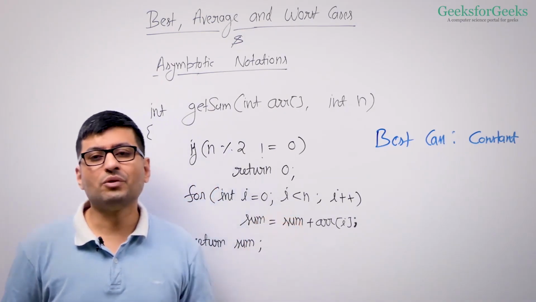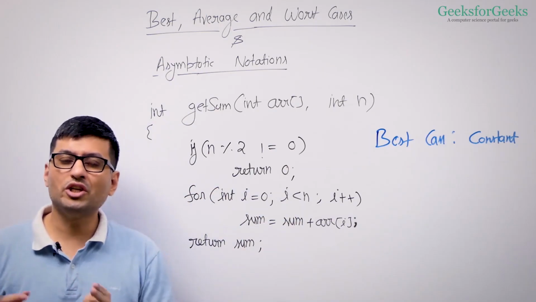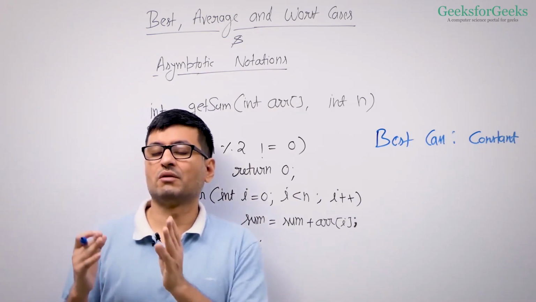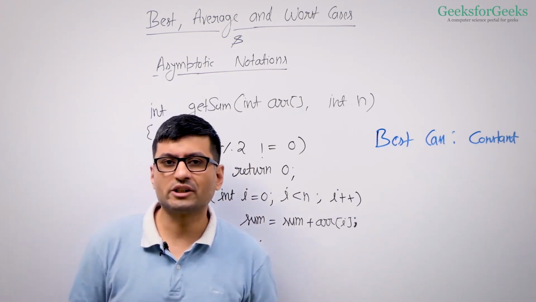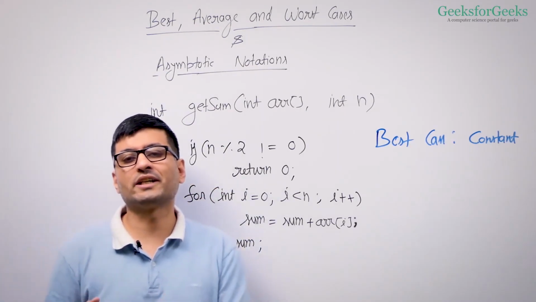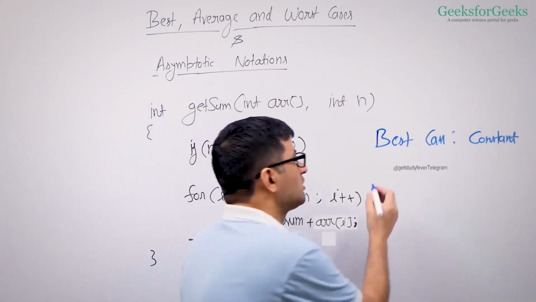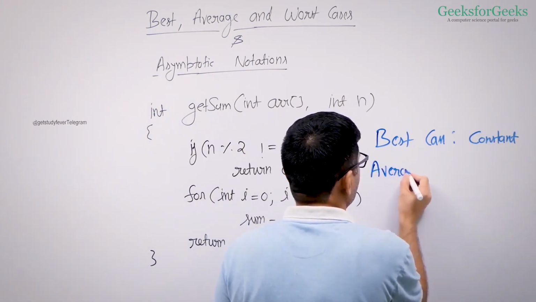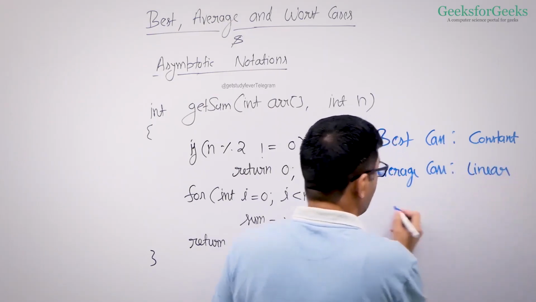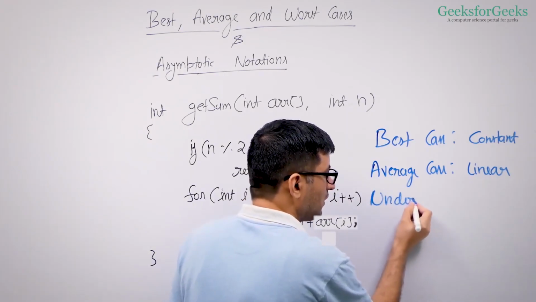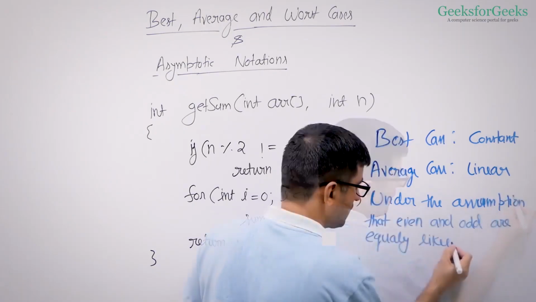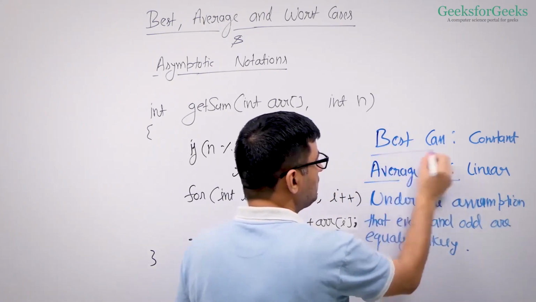So in this case, if you consider even and odd equally likely, then you can say average case is linear, because for even it's linear, for odd it's constant, constant plus linear is again linear. You can see it as n by 2, right? So average case is linear under the assumption that even and odd are equally likely. So that's the average case.